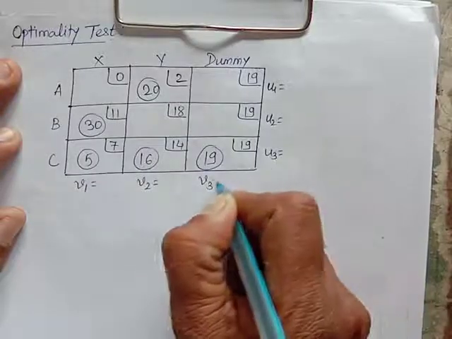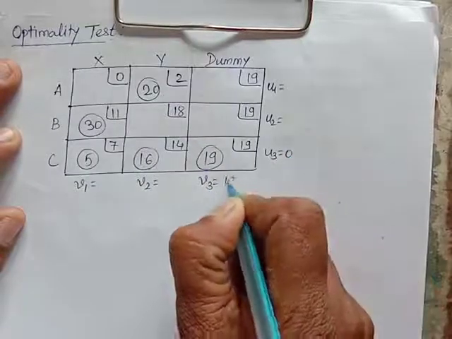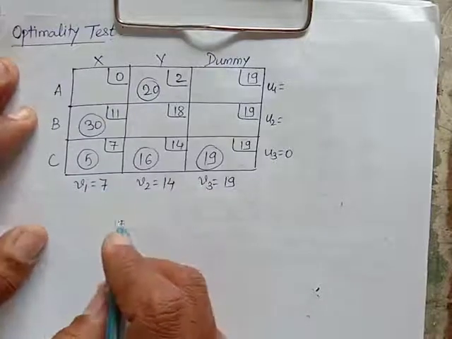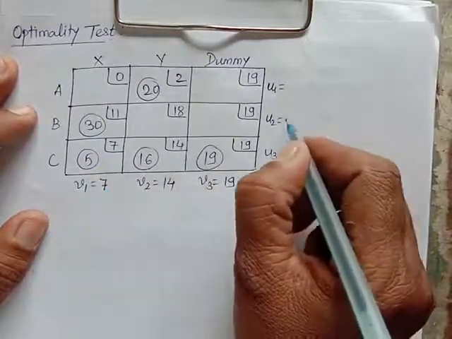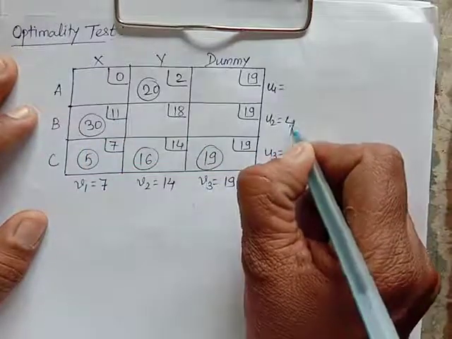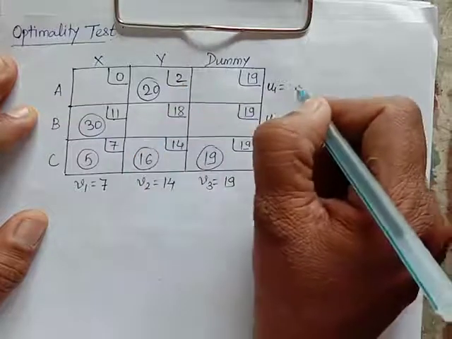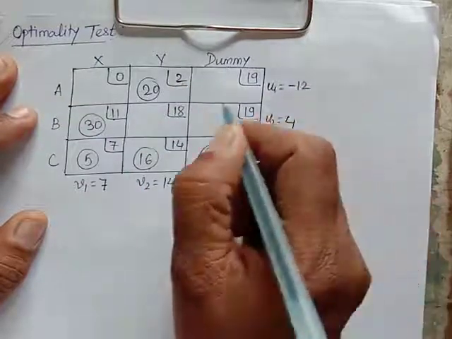Let me take u3 as 0, so v3 will be 19, this is 14, this is 7. Now 7 plus something will be 11, so 7 plus 4 will be 11. Again 14 plus something will be 2, so 14 minus 12 will be 2.